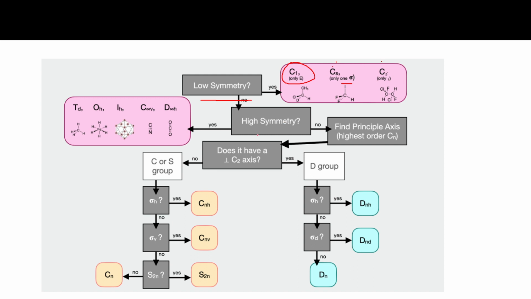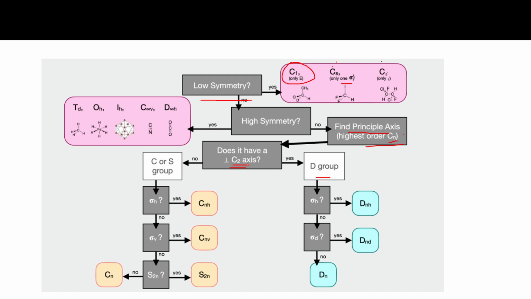Then, number of symmetry elements. Then we have to find the highest order Cn, like C3, C4, C6. And then we have to find out whether your C2 axis is perpendicular to your principal axis or not. If they are perpendicular to the principal axis, and there are multiple C2 present in a molecule, then D will come.